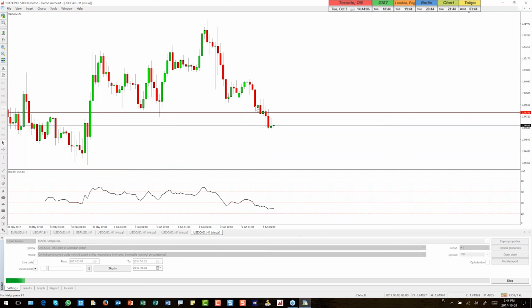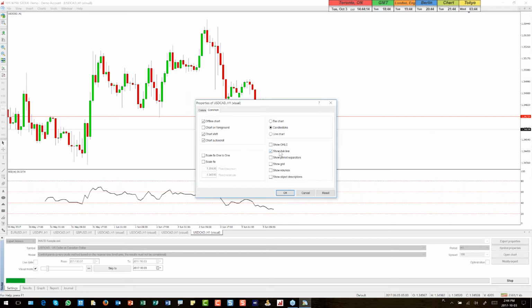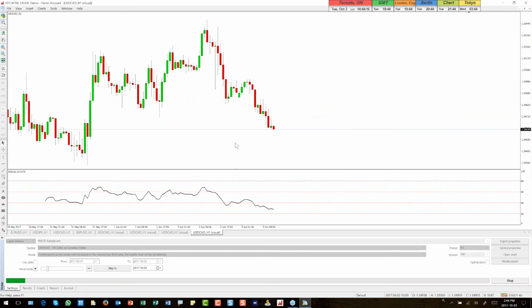Template, where's my template? The blank. Of course, I have initialized the property of showing me ask price. I'm not interested right now. Basically, what I'm interested in is to see if my strategy is tested properly.